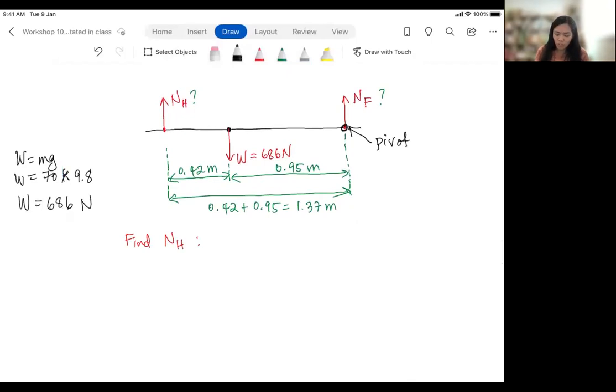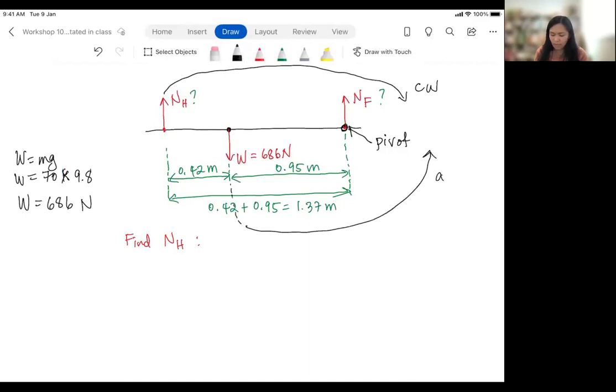Okay, so about the pivot point at the foot, NH will tend to rotate the man in the clockwise direction, whereas the weight force will tend to rotate the man in an anti-clockwise direction about the pivot point. So clockwise torque should be equal to the anti-clockwise torque.